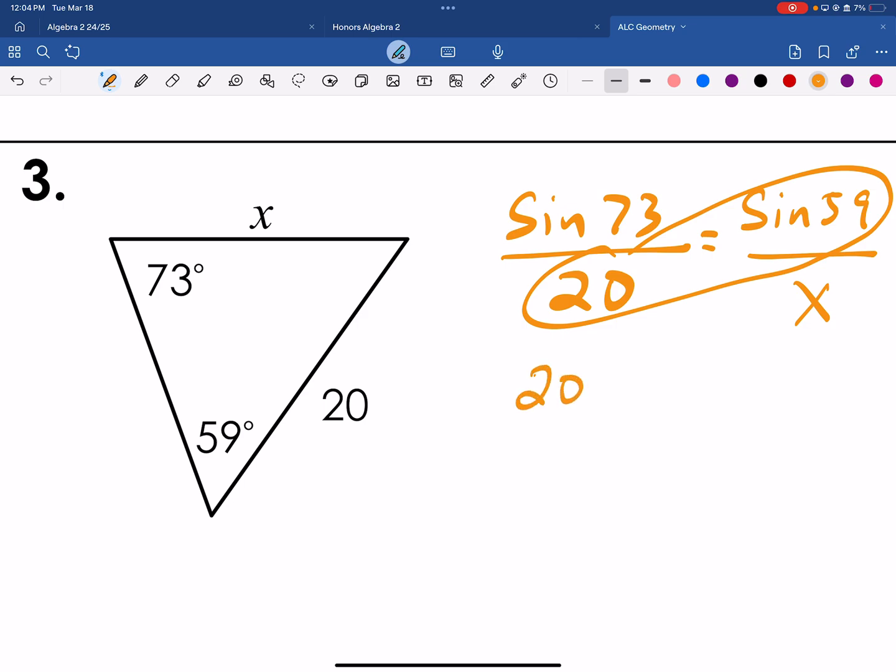We're going to go 20 times the sine of 59 and divide that by the sine of 73. So 20 sine 59, equals, divided by sine of 73. 17.9.